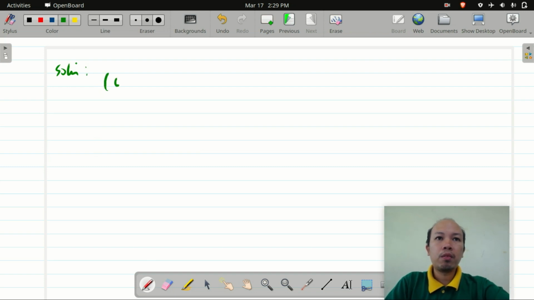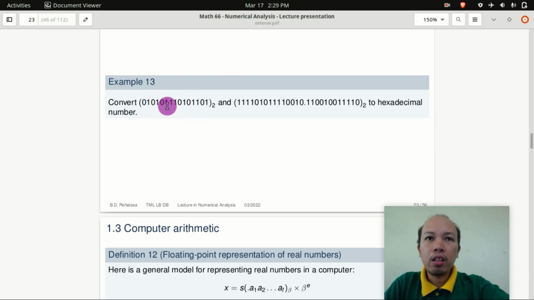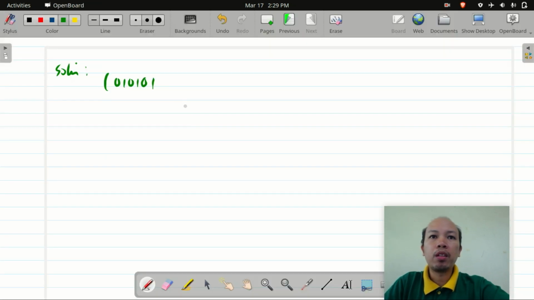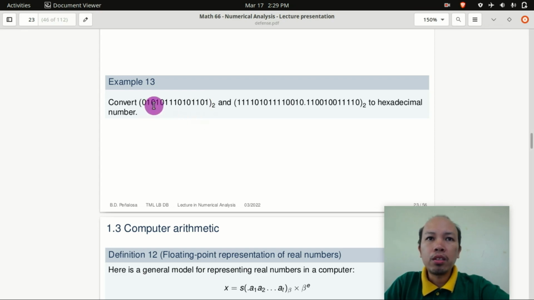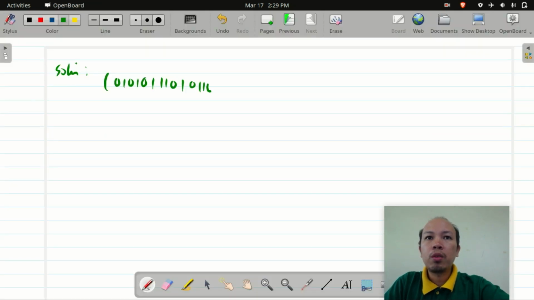We have 0 1 0 1 0 1, and then we have 0 1 0 0 1, 1 1 0 1 1 1 0 1, 0 1 0 1 0 1 1 1 0 1, 0 1 1 0 0 1 1 0 1. Okay, this is in base 2.